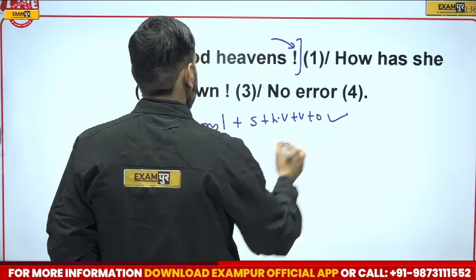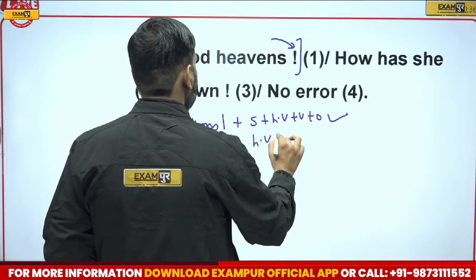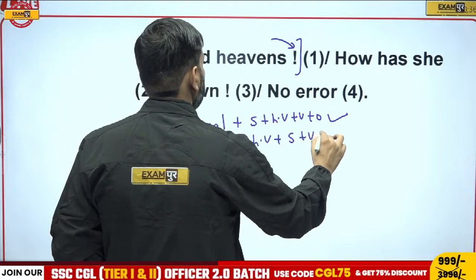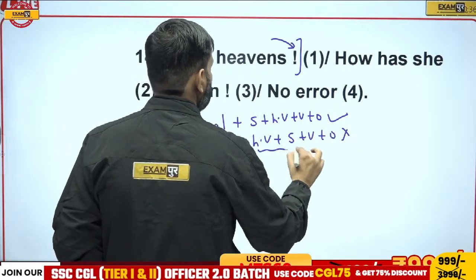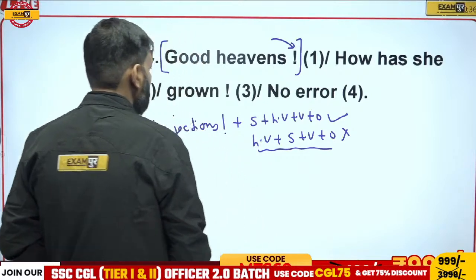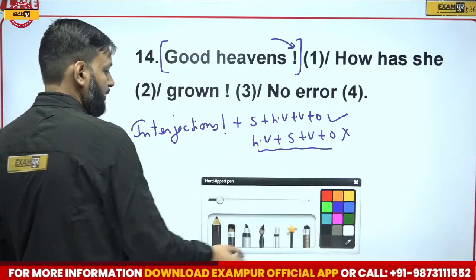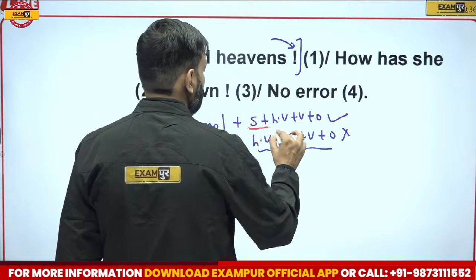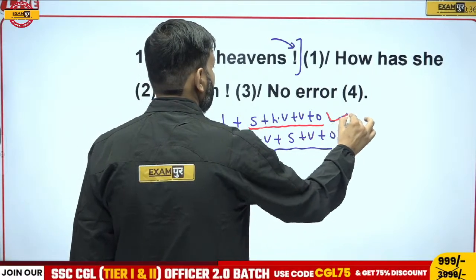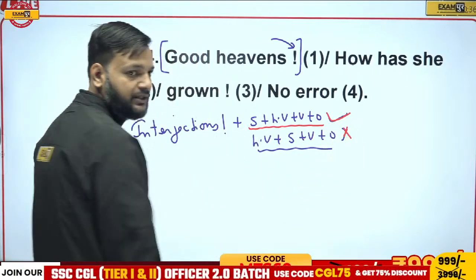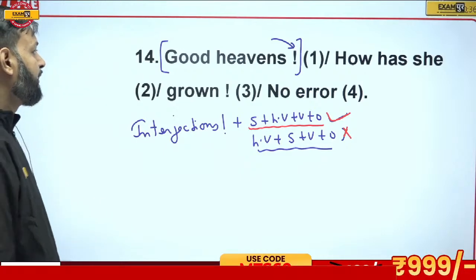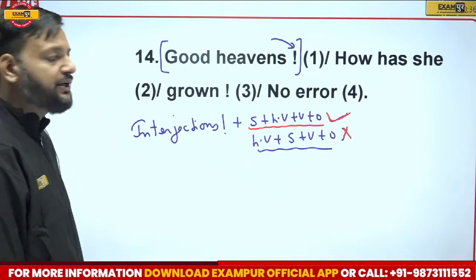Interjections are not used with interrogative structure. This is interrogative structure. Interjections are used with assertive sentences. They are not used with interrogative sentences, right? So good heavens is an interjection.